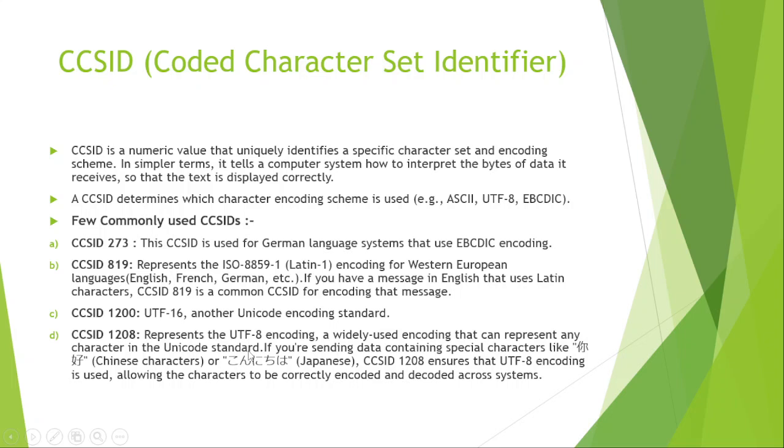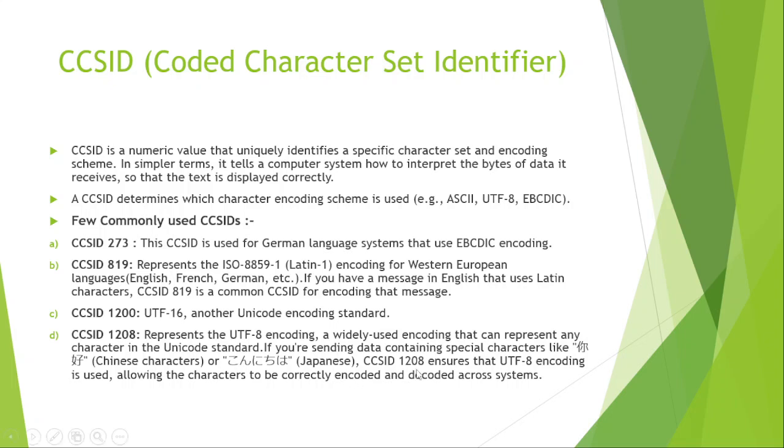It covers almost all languages of the world, and if you are thinking that my business can use any language and is spread all over the world, you don't need to worry. You can blindly use the CCSID 1208, which is going to parse any character that you want to encode.